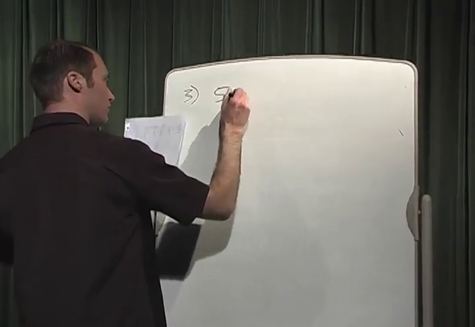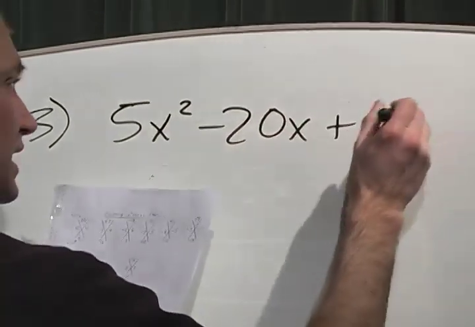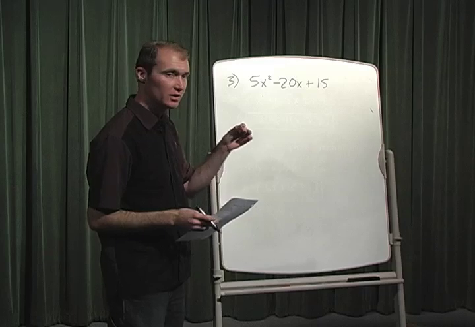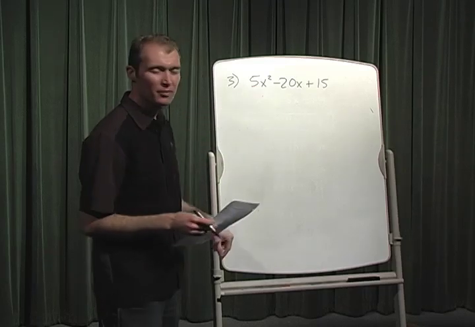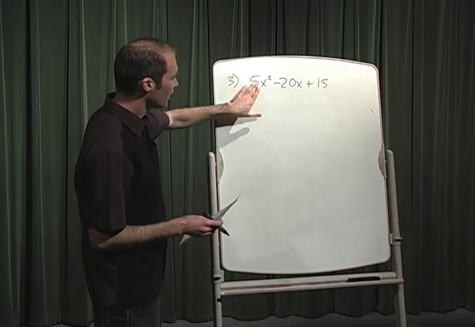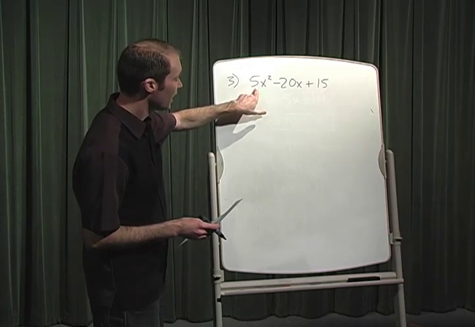The final problem is 5x squared minus 20x plus 15. Now, the first thing that you might notice is that it doesn't fit the form. I just said that the technique only works when we have a coefficient of 1, but here I have a coefficient of 5.